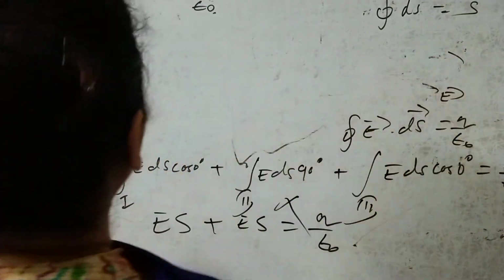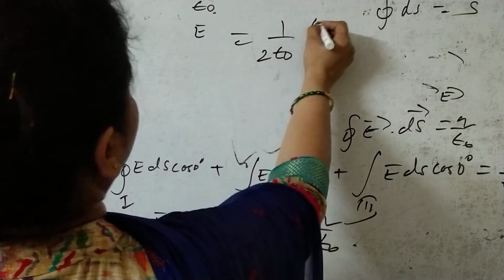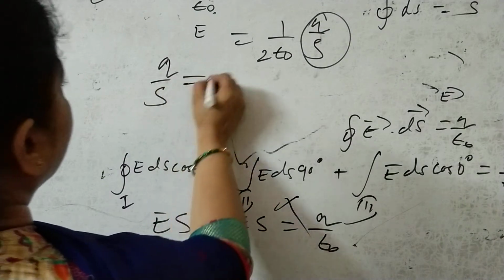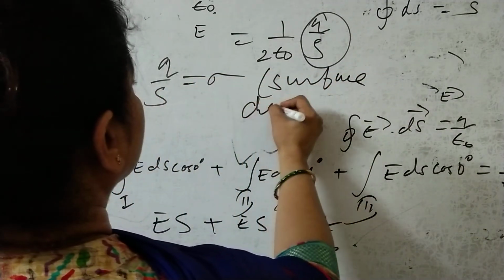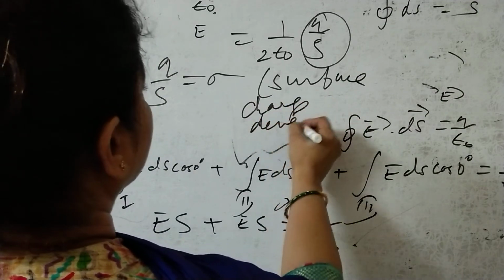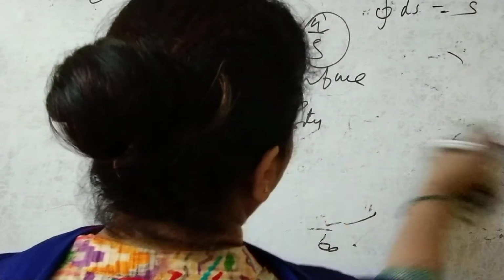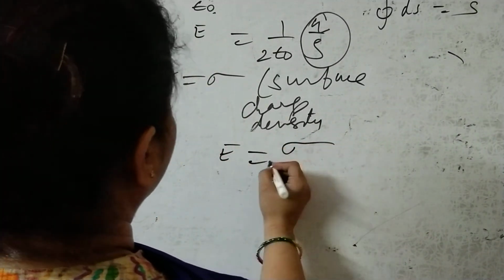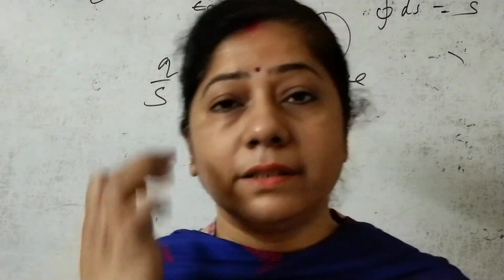E equals 1 by 2 epsilon 0 Q by S. Now Q by S is what? It is sigma, the surface charge density. Okay, so what did we get? E equals sigma by 2 epsilon naught. So we have got the electric field for a plane surface.